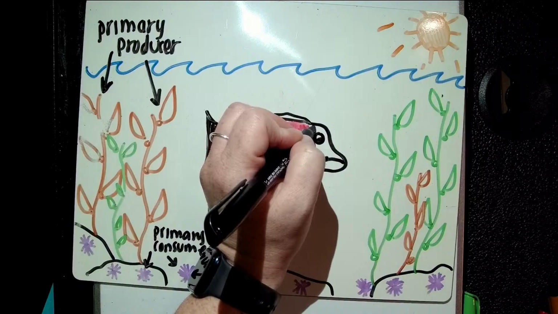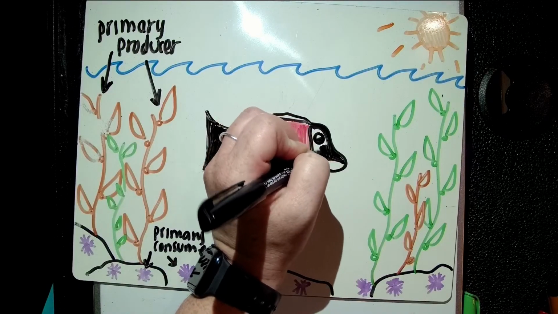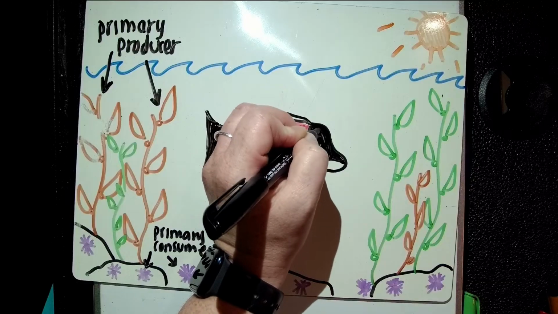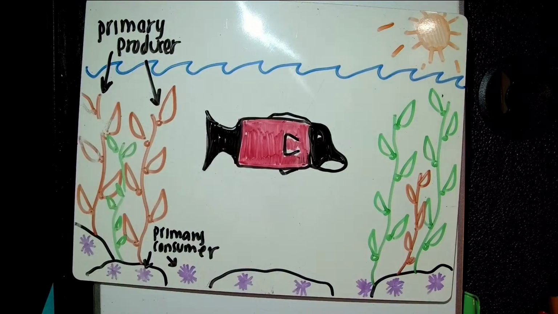All right, now my sheephead has the black front and back and the red in the middle. All right, let's check out this photo.